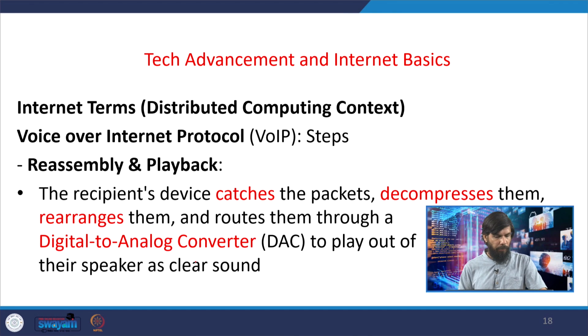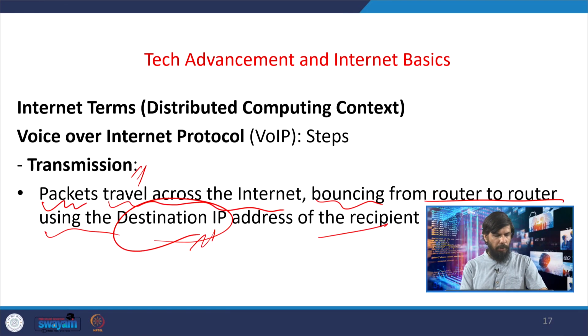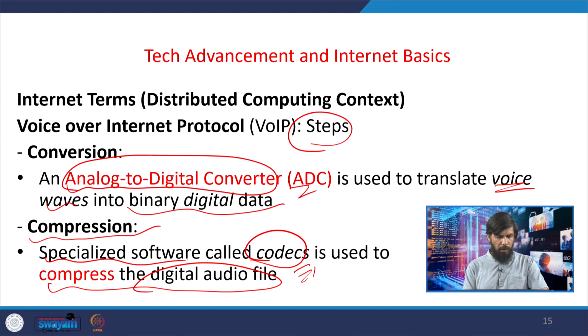Then once the data is received at the recipient side, the recipient device will catch the packets and decompress them, because as you notice, before the chopping we had compressed the data using codecs, right.